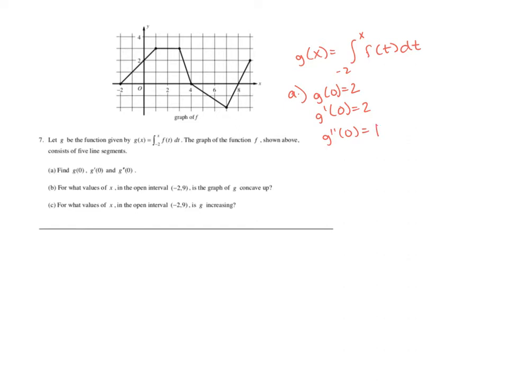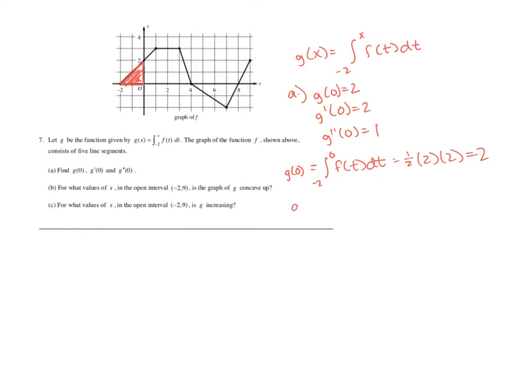to find g of 0, we need to plug in 0 for x, so I'm taking the integral from -2 to 0 of f of t dt. So the integral from -2 to 0 is the area of this triangle. 1/2 base times height is 2.